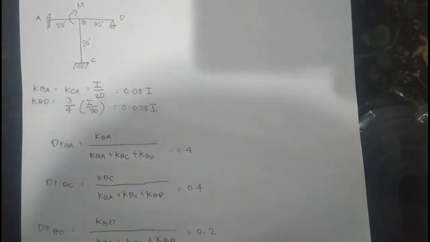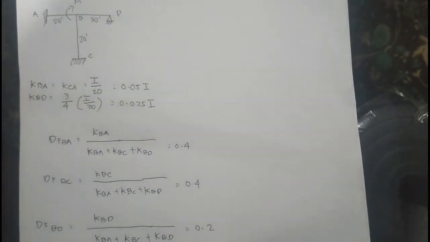So to get the distribution factor, let's get first the joint AB. DFBA equals KBA over KBA plus KBC plus KBD. To get the answer, you need to divide KBA by the added value of KBA, KBC, and KBD.